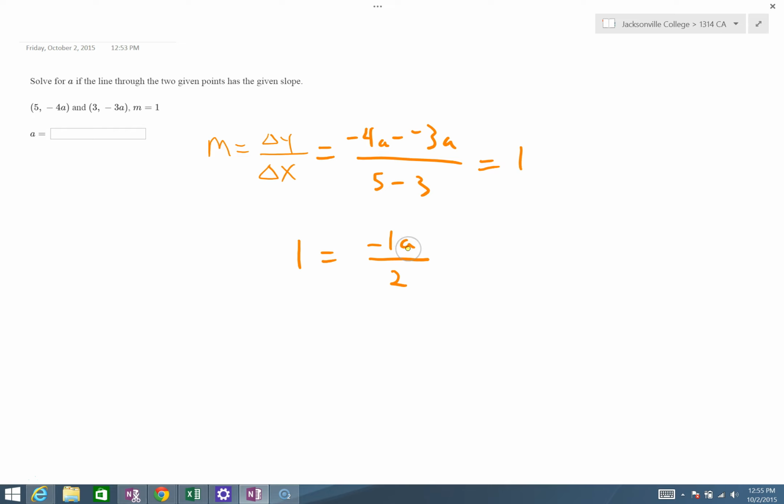So now I just need to solve for a. If you want to eliminate a fraction, all you need to do is multiply by that denominator. So I'm going to multiply this entire equation by 2, on the right and left. 1 times 2 is 2, and this 2 divides with this 2 to leave a negative 1a. Solving for a, I'll divide by negative 1 on both sides. So a is negative 2.